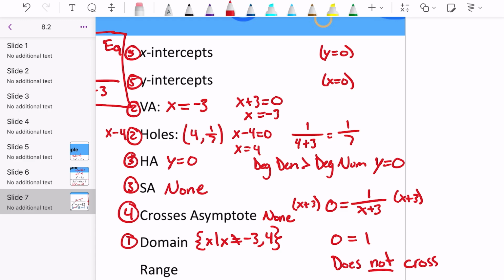So let's start off with our y-intercept. In this case, our problem is 1 over x plus 3, which means we're going to replace x with 0. We're going to get 1 over 0 plus 3, which is equal to 1 over 3. Our y-intercept here is going to be 0 and 1/3.